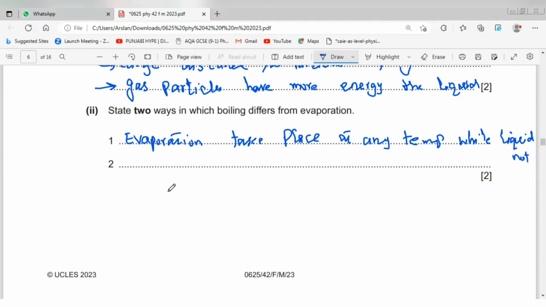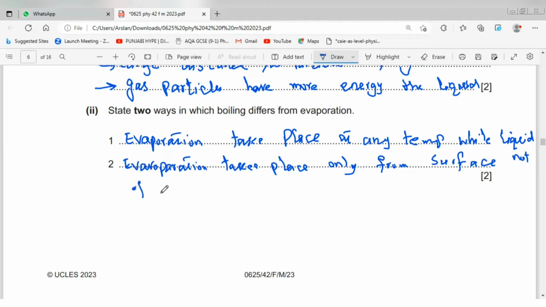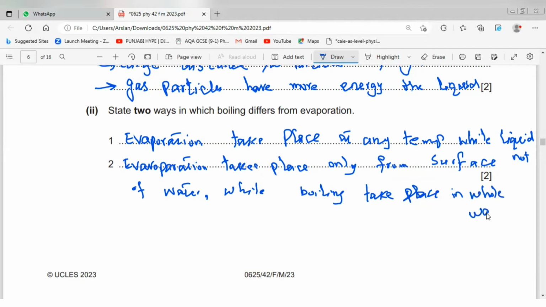Another reason is evaporation takes place only from the surface of water or liquid, while boiling takes place in the whole water. Here is the simplest answer.